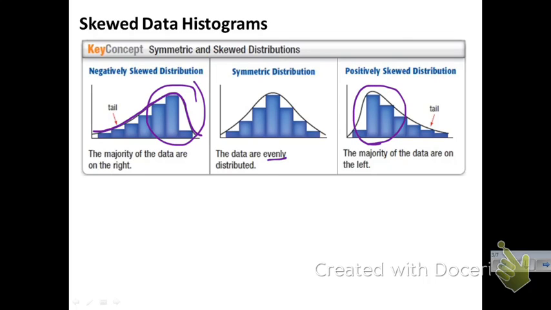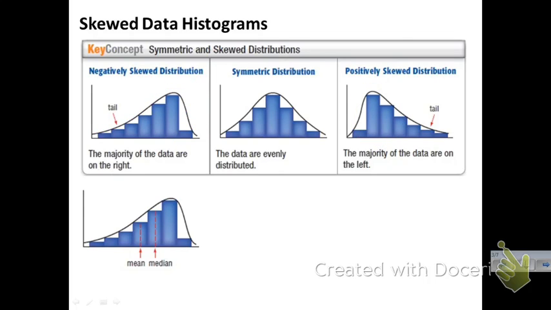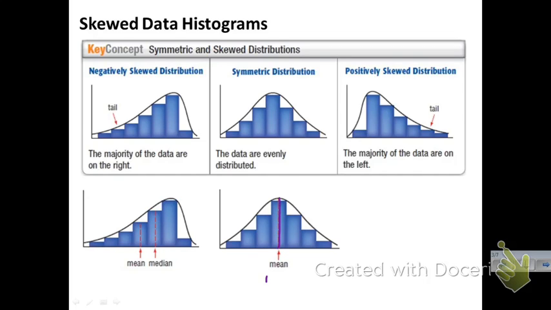I have some other pictures I wanted to show you. The first one says when it's negatively skewed, your mean will occur before the median. When it's symmetric, the mean, the median, and the mode will be the same value, and that's when you want to talk about standard deviation.